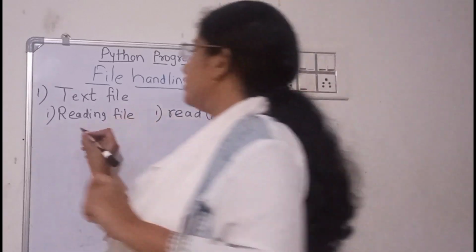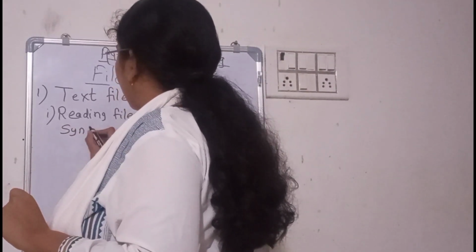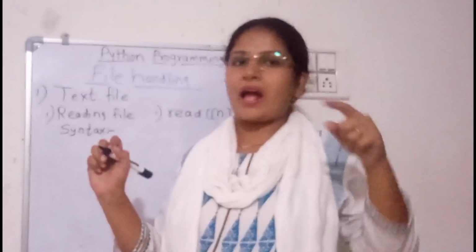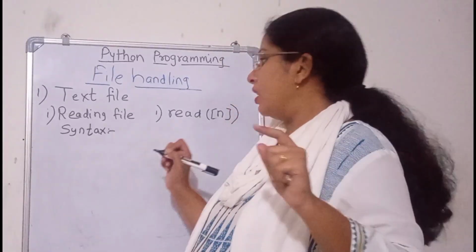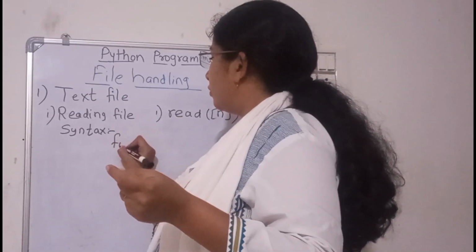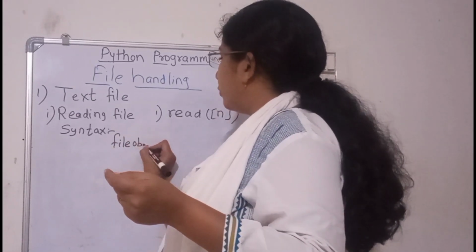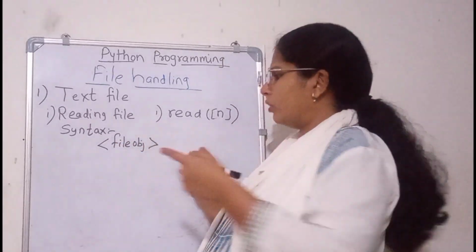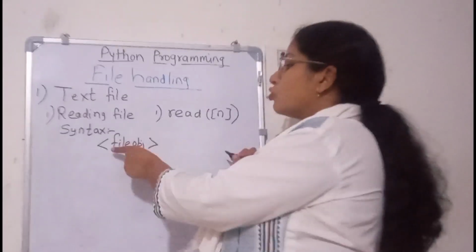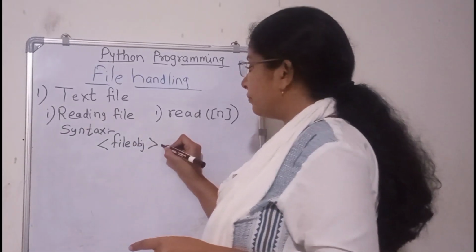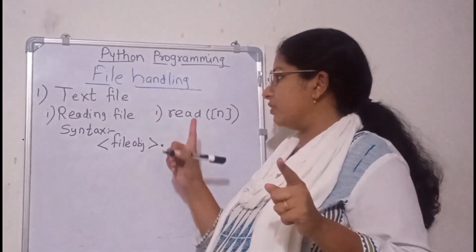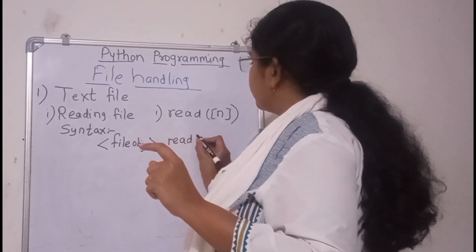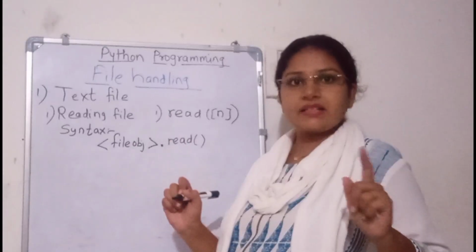So the syntax for the read method. Assume that you have already created the file object and the name is file object. You can give any other name. I am giving file object, or file object name, whatever it is. So file object, dot operator, you are calling all the methods using the dot operator, and then read. That's it. That is the syntax.